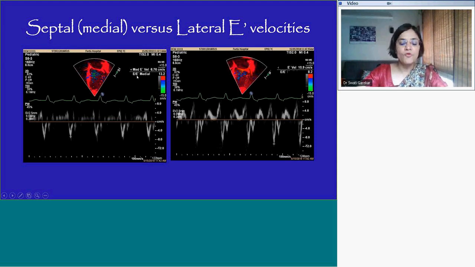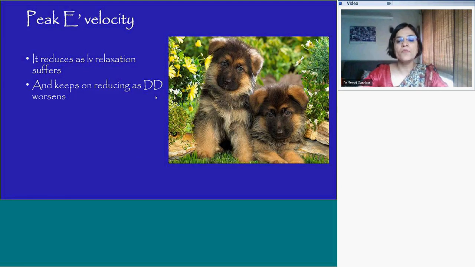For carrying out the E by E prime also, you average out the E prime and then get the final E by E prime ratio for the heart. The E prime, like I mentioned before, constantly reduces as LV relaxation and LV compliance suffer. It's pretty faithful. It's like the peaky wave, if you recall.